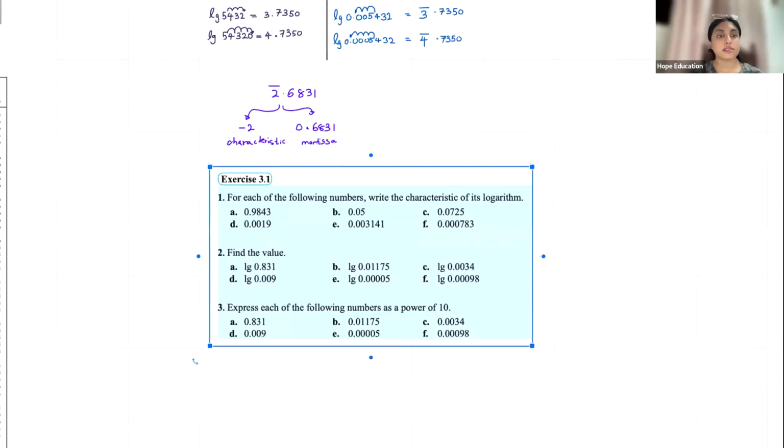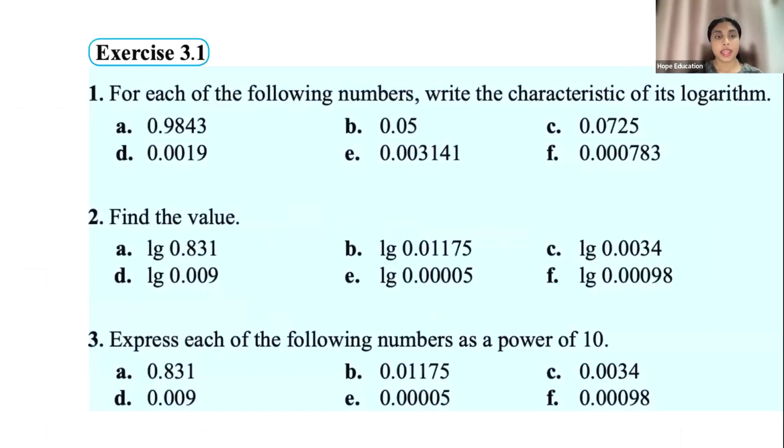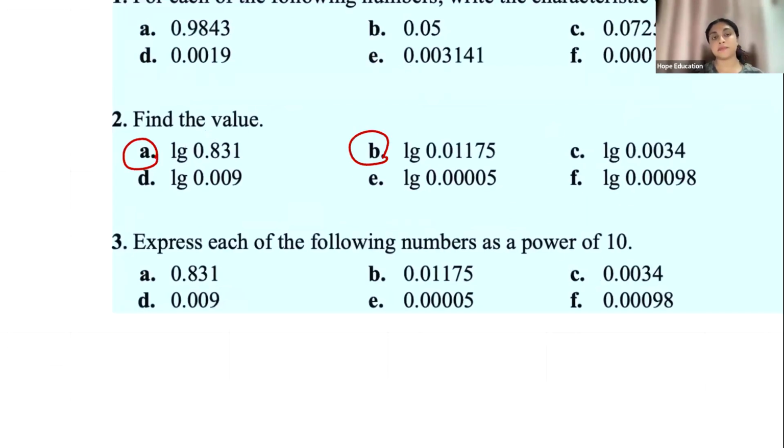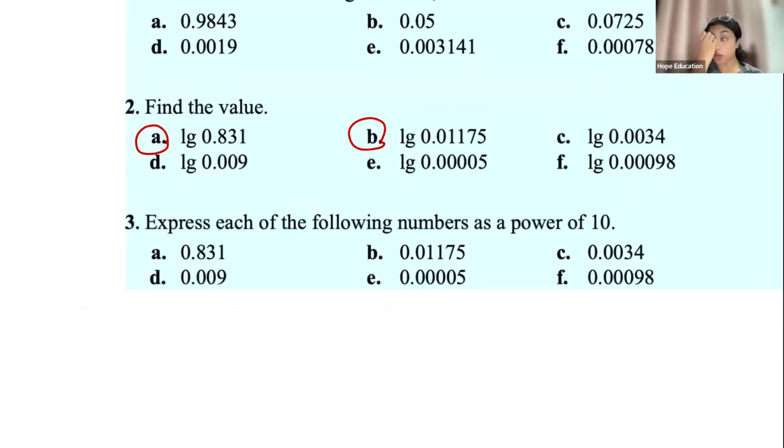In the second question, I want you all to do A and B. Quickly do it. You have to use a log table and find this. Read it in the normal way.